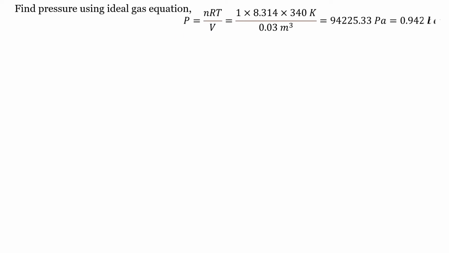So we can find the pressure using PV equal to nRT. We can write P equal to nRT by V, and after putting all values we will get 0.942 bar. So we can observe that the pressure estimated using the ideal gas equation is more than that from the Redlich-Kwong equation.